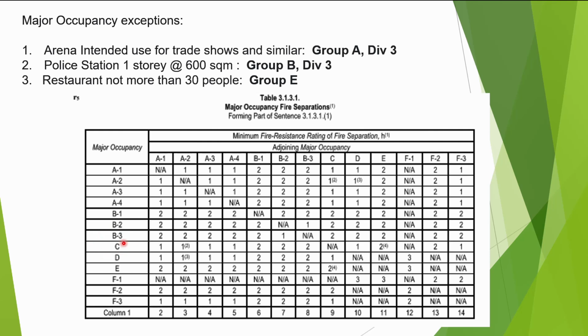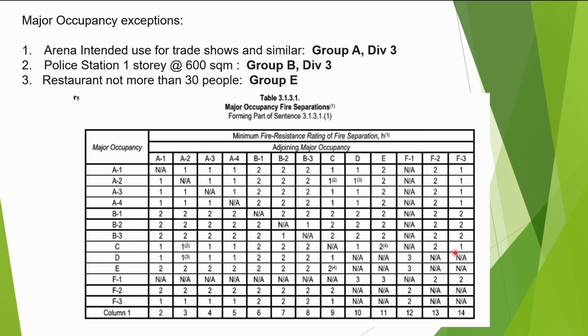So if you have a group C major occupancy and a group D major occupancy, the fire separation between those two occupancies is 1 hour. Now let's see if we have a group C occupancy and maybe a group F1 occupancy. You require 2 hours. You don't require a fire separation for a group C and a group C.